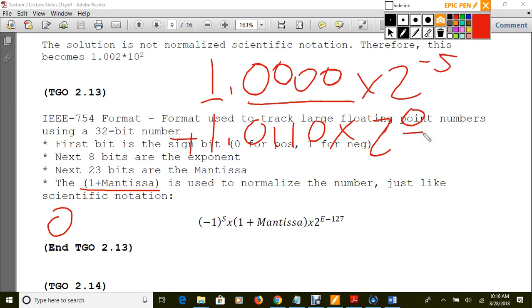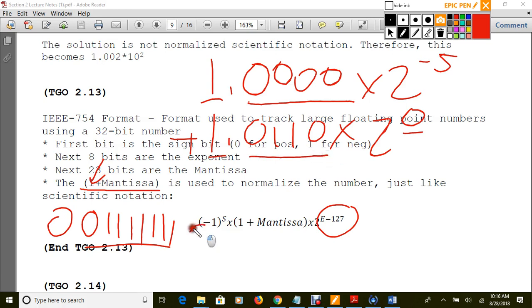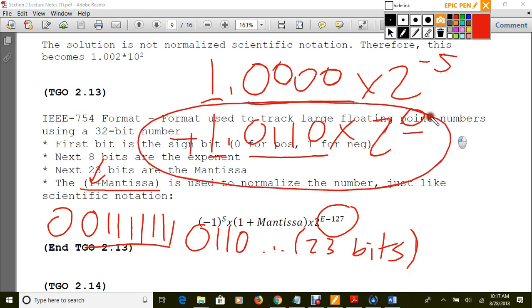Then the exponent is 127, which I know from experience is 0 followed by 7 ones. And then the mantissa, this is the first one, so it's 1 plus the mantissa, which is 0, 1, 1, 0, and then you put 3 dots to say 23 bits. So using this format, this allows me to represent this number in scientific notation.